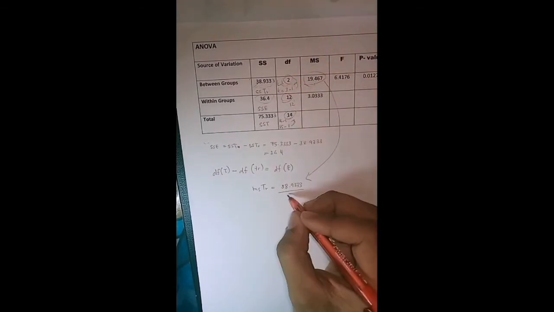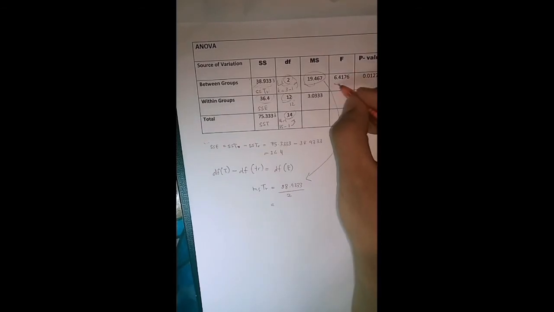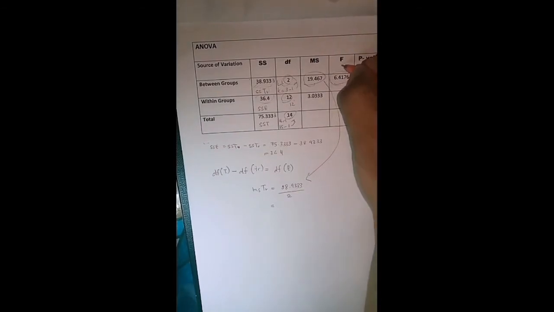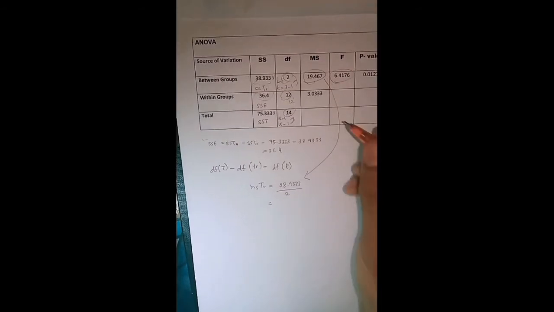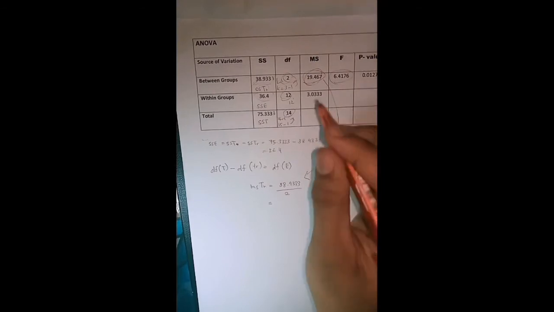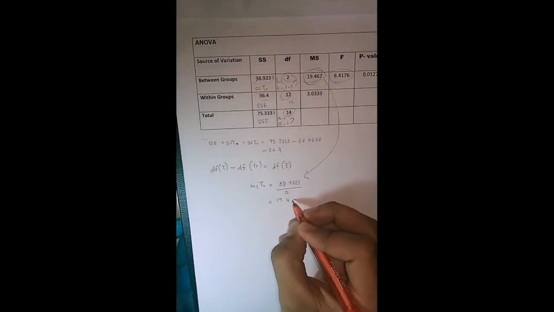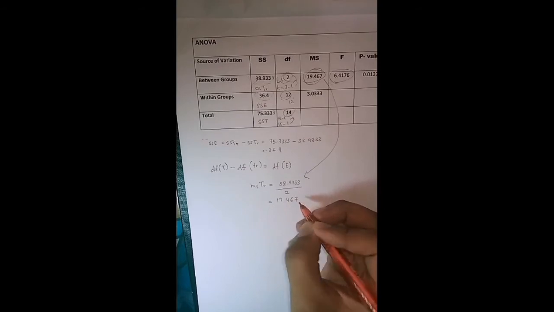So we will get the mean square for between group, 19.467.